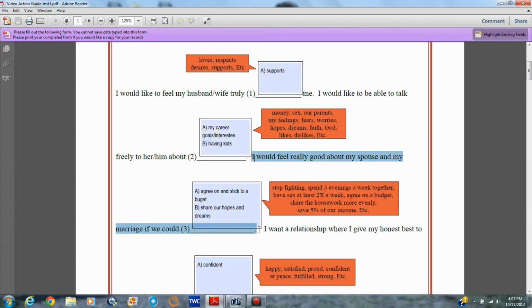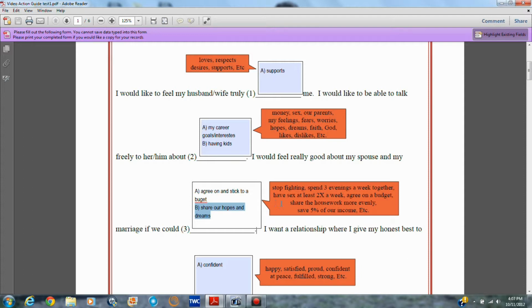Okay, and blank number 3. I would feel really good about my spouse and my marriage if we could A, agree on and stick to a budget, and B, share our hopes and dreams. Now you notice in the red squares there's some suggestions here. These are just ideas. They're just samples to give you an idea of the types of things that fit in there.